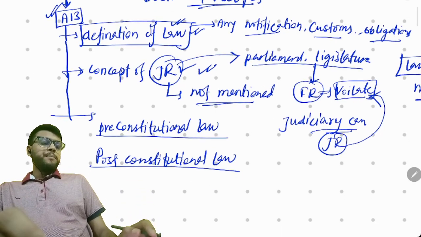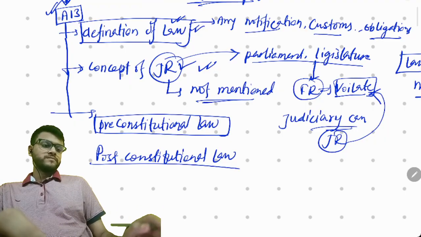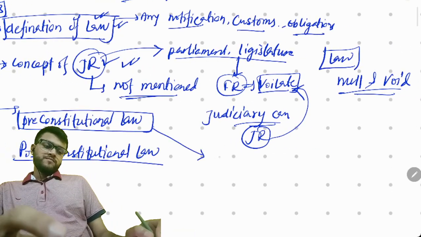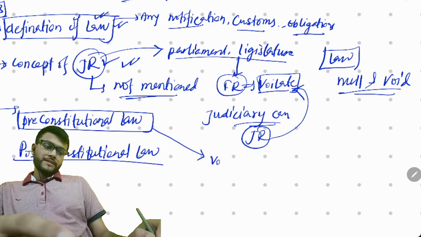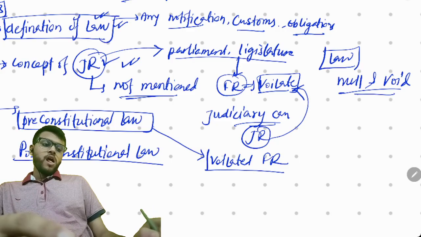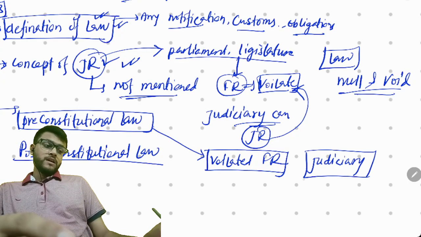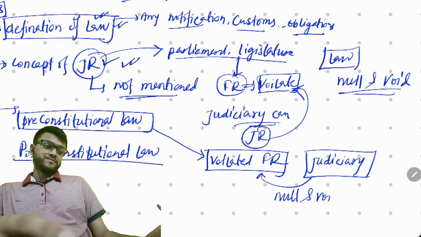If any pre-constitutional law violates a fundamental right, the judiciary can declare it null and void, but not totally null and void.